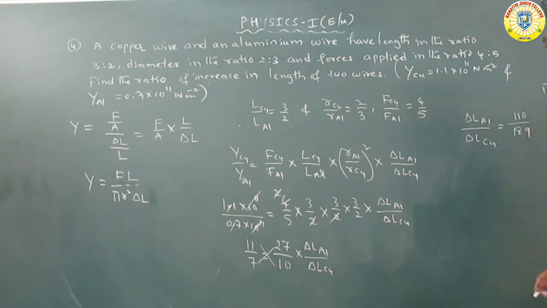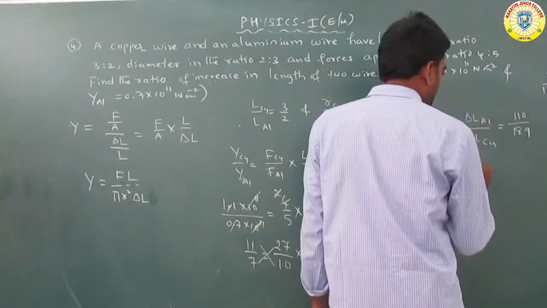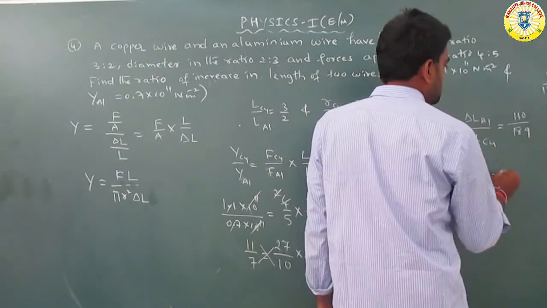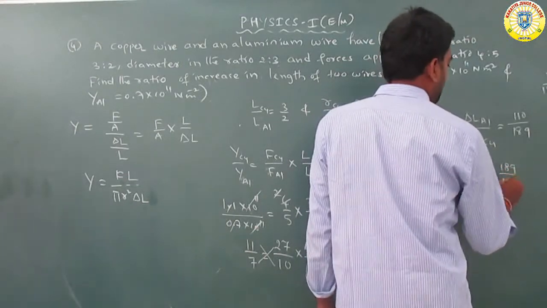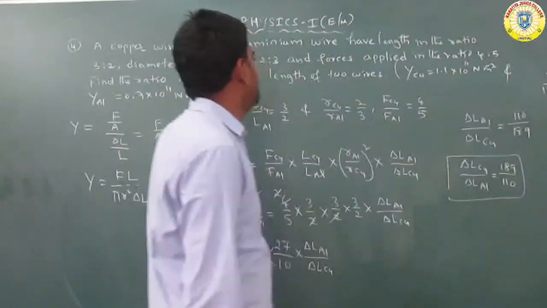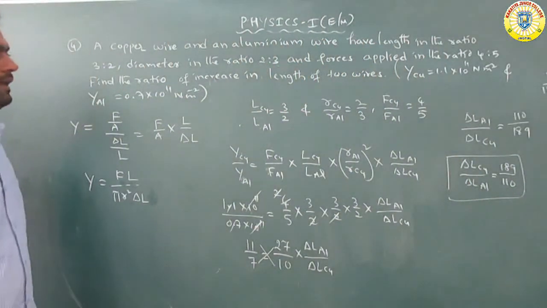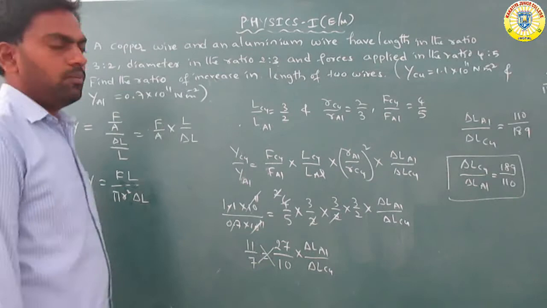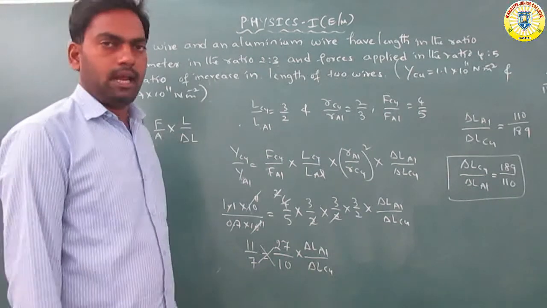Okay, so 189. So delta L copper by delta L aluminum is equal to 189 by 110. So this is the ratio of the increase in the length, copper and aluminum, equal to 189 by 110. Okay, got it.